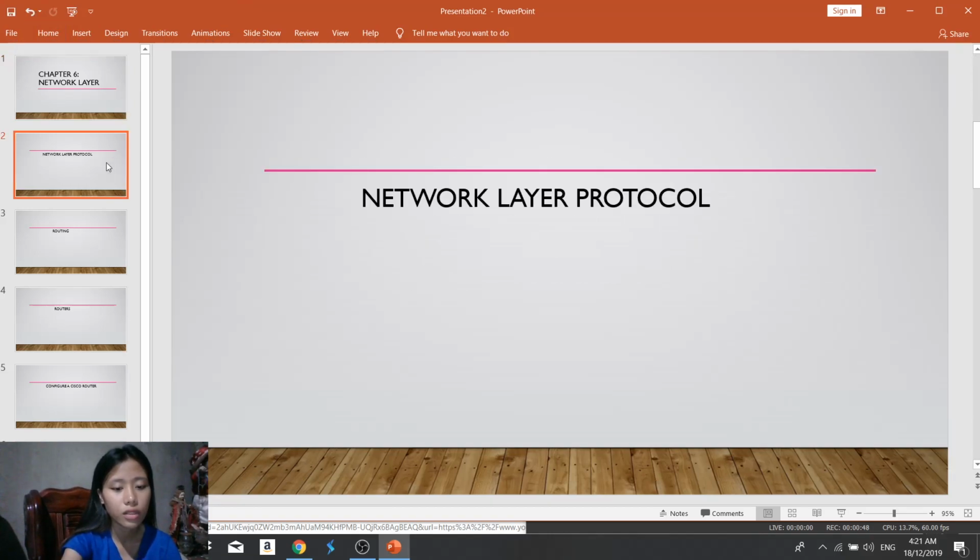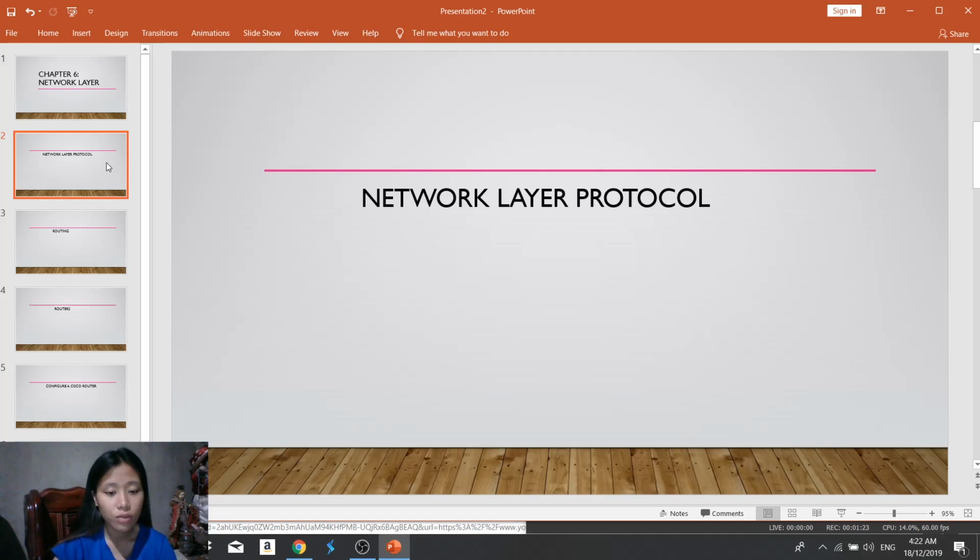So the first is the network layer. The network layer uses four basic processes, which are addressing end devices, encapsulation, routing, and de-encapsulation. For addressing, end devices must be configured with a unique IP address for identification on the network.